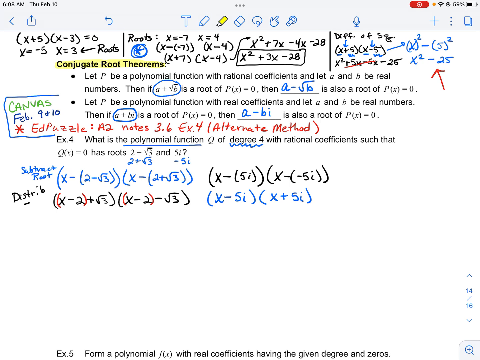And then I hope you'll notice that my first term is the same in both of them, and also the second term is the same in both. And lastly, notice that I have a positive sign and a negative sign. So this is actually difference of squares.